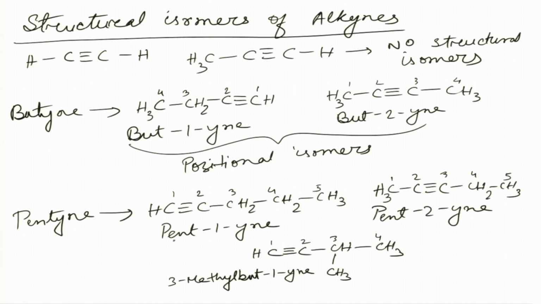So, pent-1-yne, that is structure 1, and structure 2, they are positional isomers. But structure 3 has a 4 carbon chain and 1 and 2 have 5 carbon chains. So, this one can be known as a chain isomer of the other two.